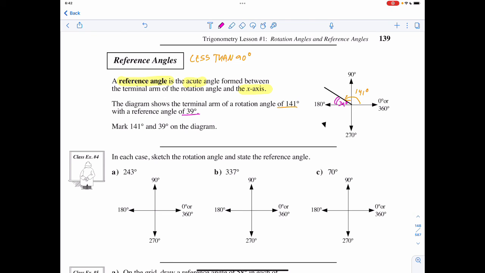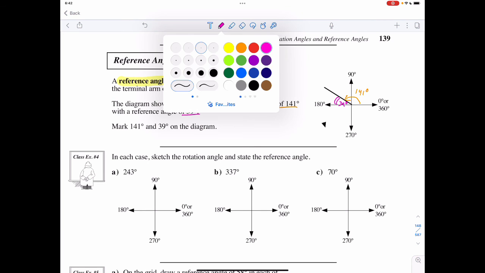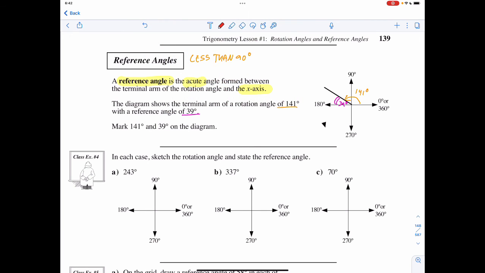And there's my 39 degrees. Now, we know that a rotation angle we refer to as theta. We can add to that a reference angle is theta with a little subscript r.